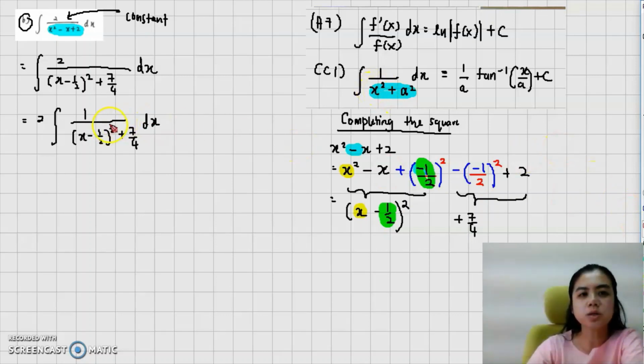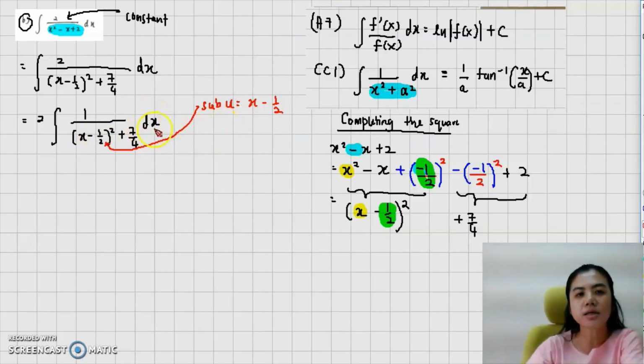What you have to do is think of this one as u. Substitute u as x minus 1 over 2. When you sub the u as x minus 1 over 2, you need to find the dx. So let's just differentiate here.